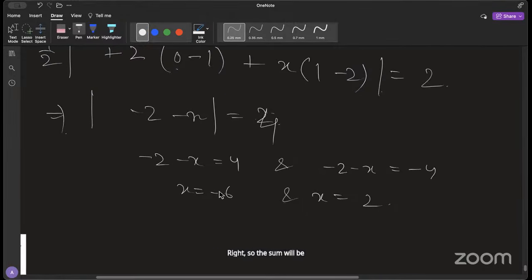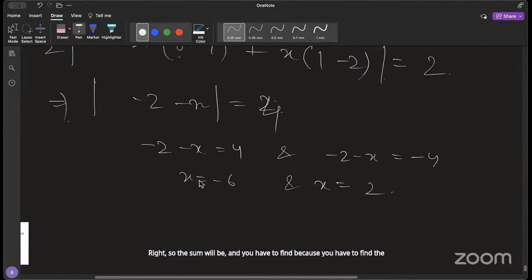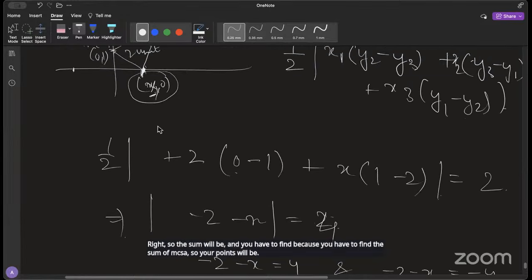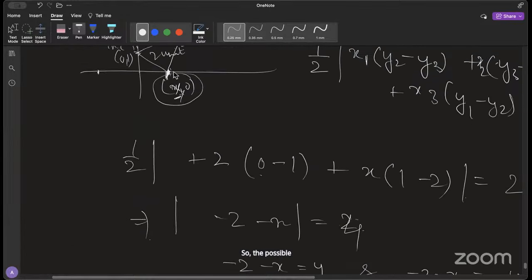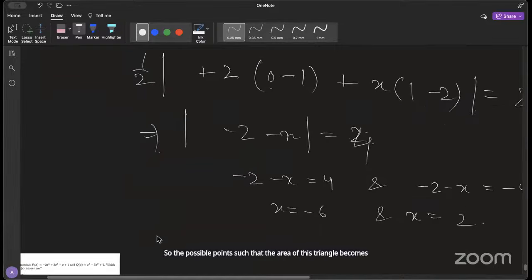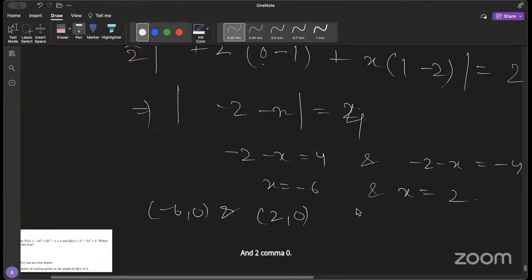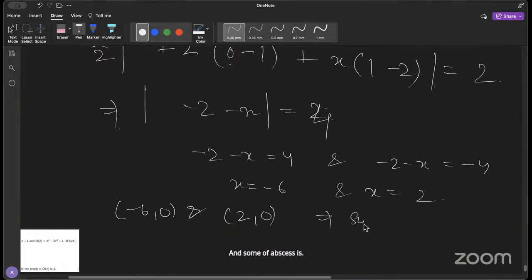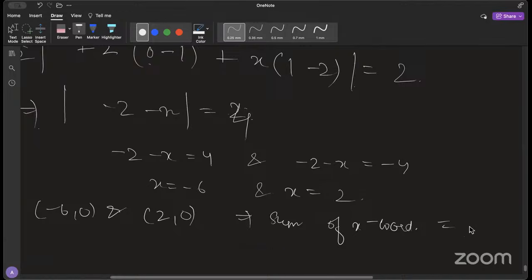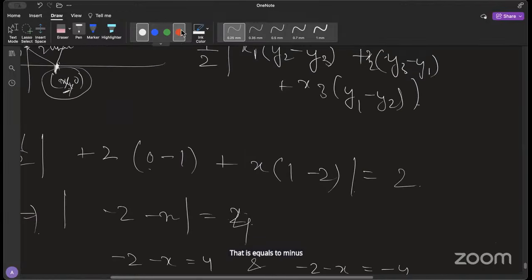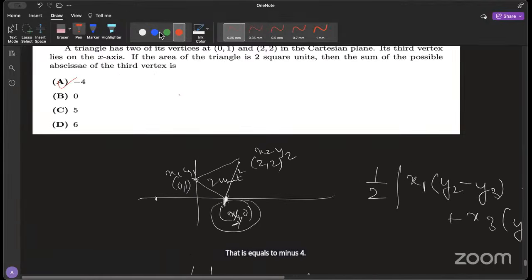Because you have to find the sum of abscissas, your possible points such that the area of this triangle becomes 2 units are (-6, 0) and (2, 0). And the sum of abscissas, the sum of x coordinates, is equal to -4. So this one's correct. And that's it.